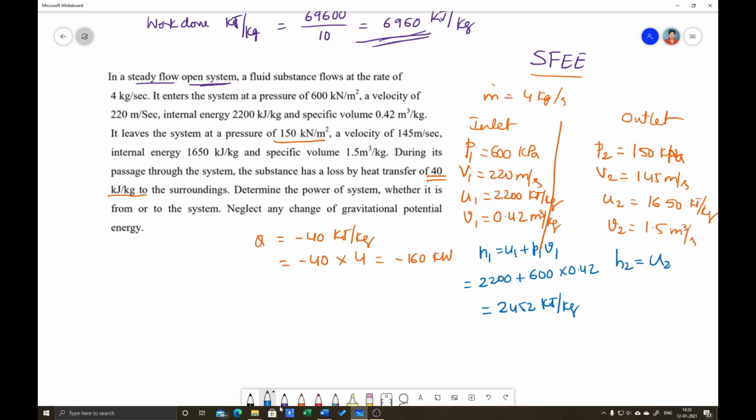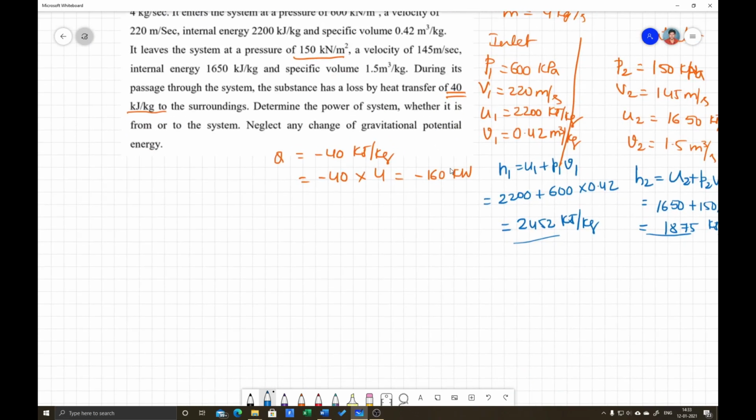Similarly, H2 is equal to U2 plus P2 V2. U2 is 1650 plus P2 150, V2 1.5, which is 1875 kilojoule per kg. Okay, so you got H1, H2 and remaining are all.